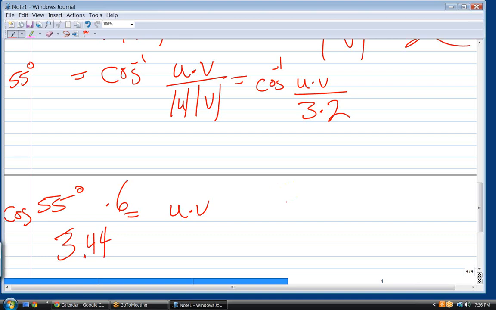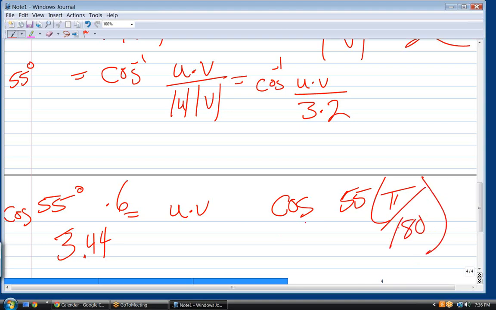Just for the sake of my curiosity, what's the cosine of 55 times pi over 180 times 6? But you would have to be in radian mode. Okay, and that answers my question, actually.